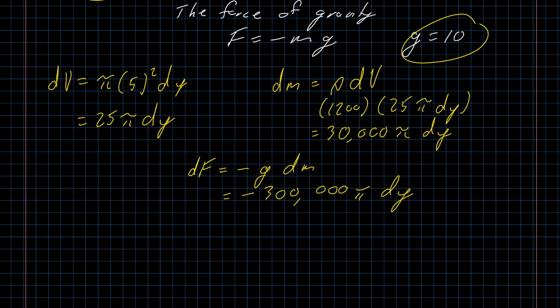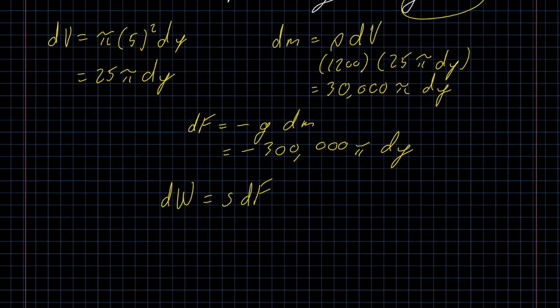All right. And then the little bit of work it's going to take to move that disk of fluid out of the tank is going to be the distance it has to go multiplied by that little bit of force acting on it.